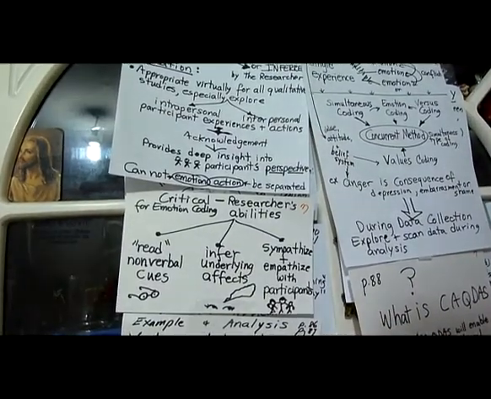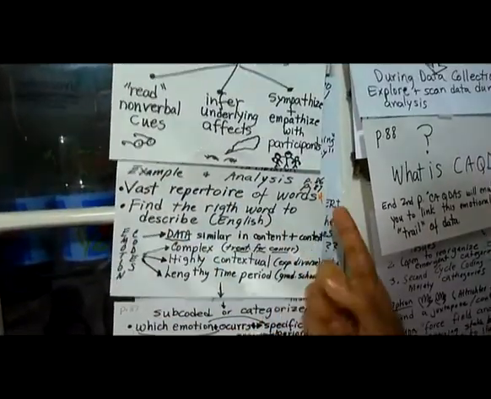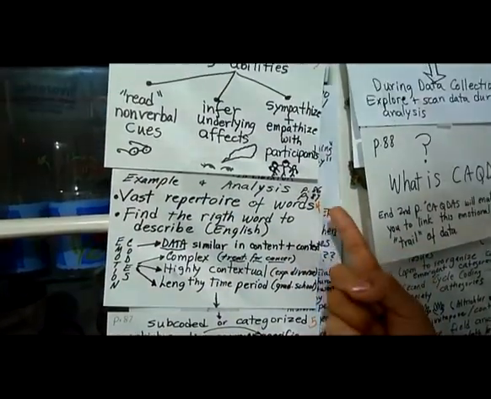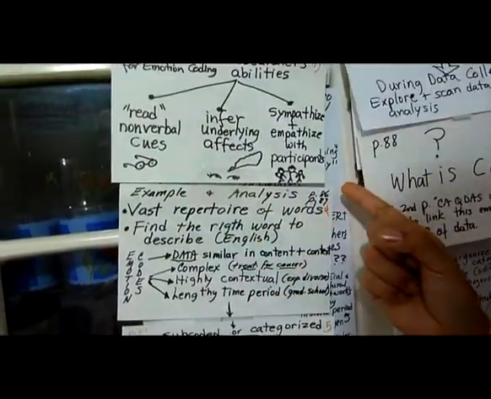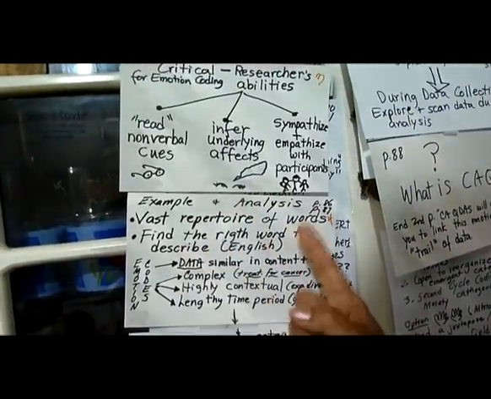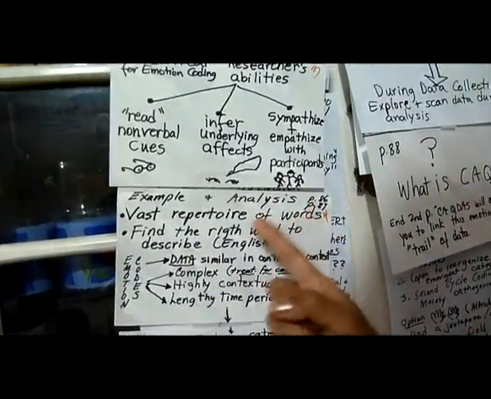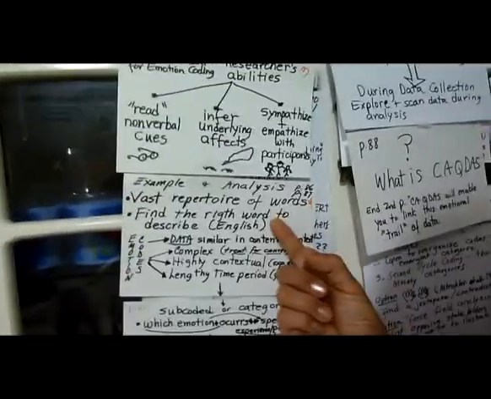Something that is very important is that there is a vast amount of work that can give us ideas about emotions. So we really need to be very careful, and if you look at pages 86 and 87, you get more information about the importance of how we select the right words that help us to code emotions.